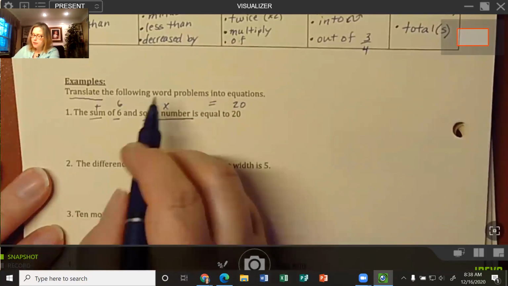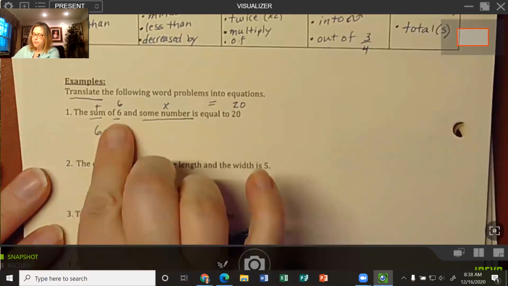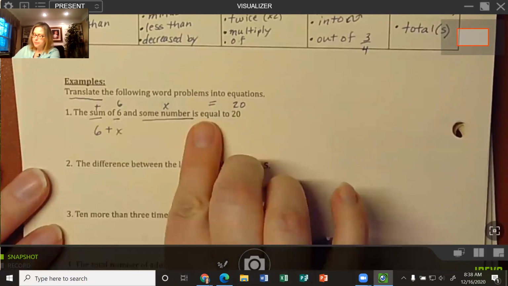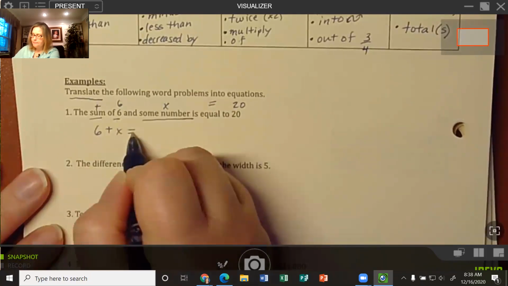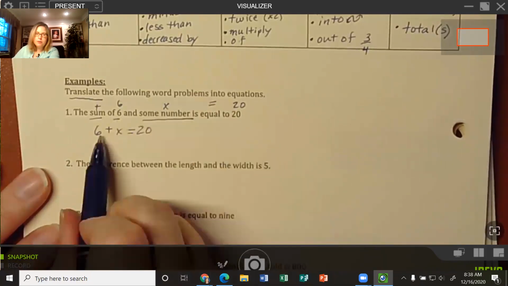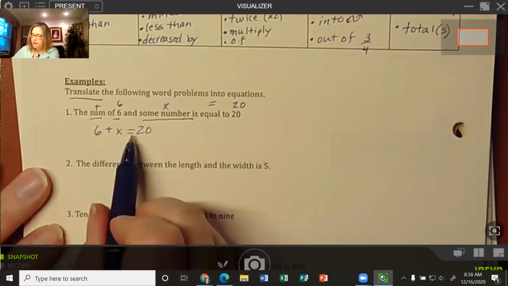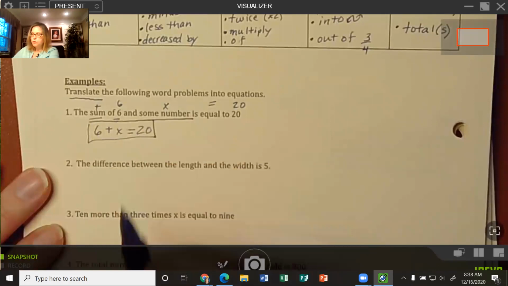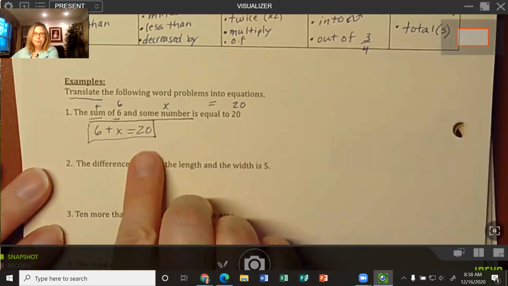We would write that as 6 plus x equals 20. So that is the equation to represent this scenario.